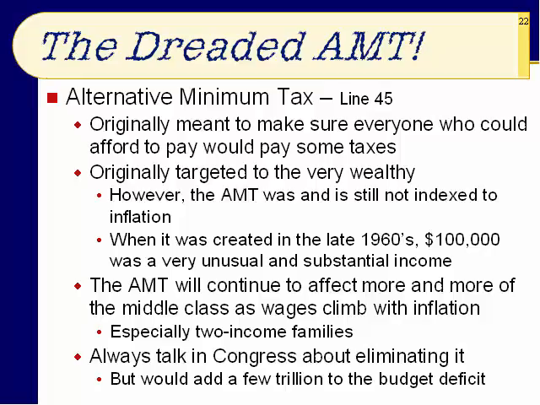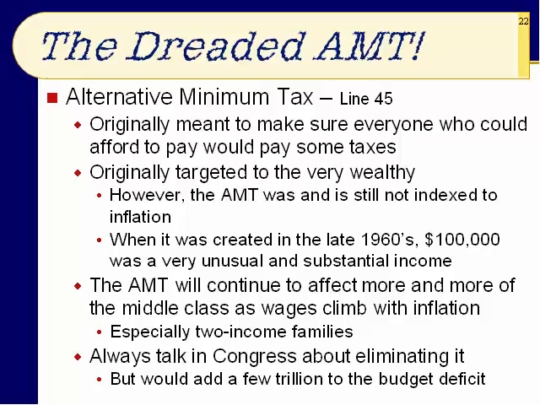So the AMT will continue to affect more and more of the middle class as wages climb with inflation, and especially two-income families. And there's always talk in Congress about eliminating it, but that would add a few trillion dollars to the deficit. So I don't know. Talk to your elected congressperson.